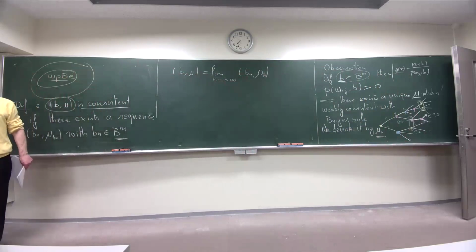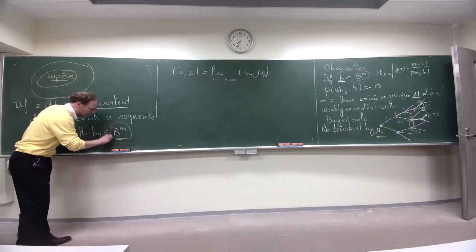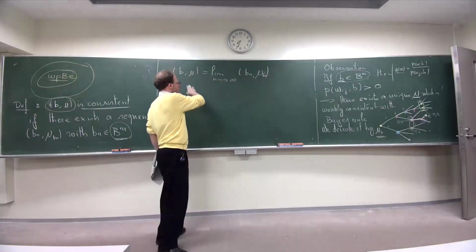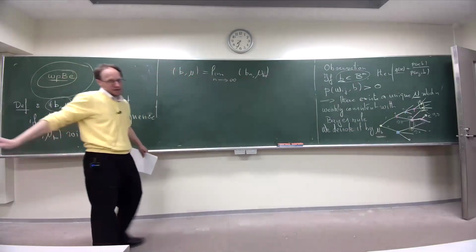So you approximate something with elements which have a better behavior, because if it is completely mixed, it has a good behavior. And you say that it's consistent if you can approximate by this.